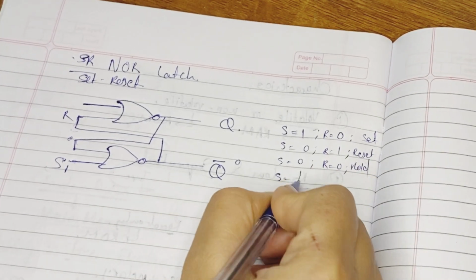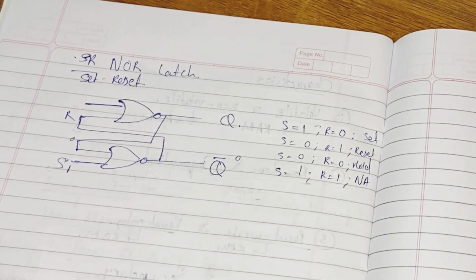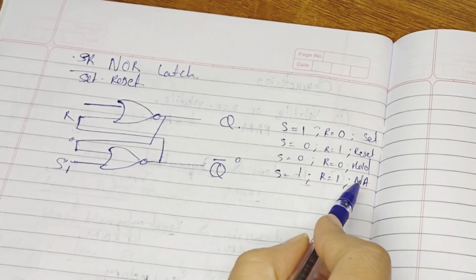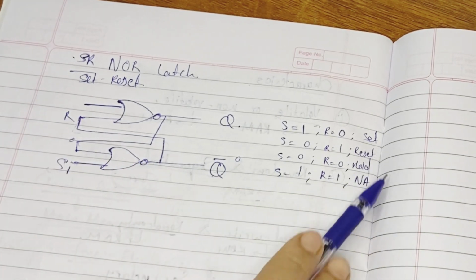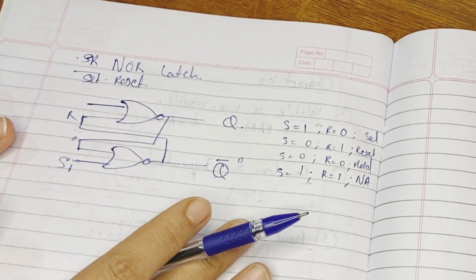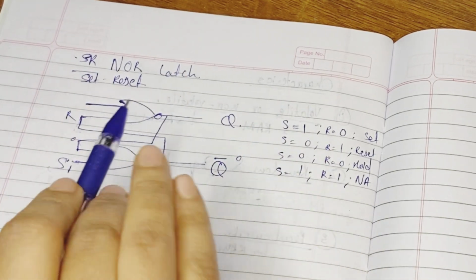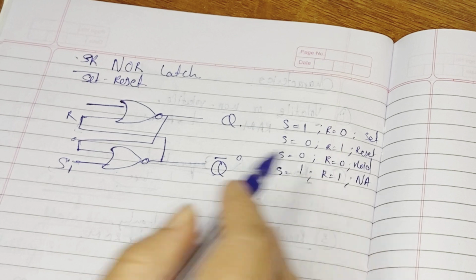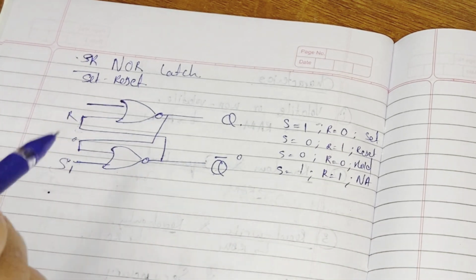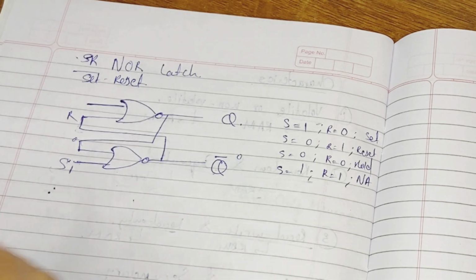And if set is 1 and reset is also 1, the output is invalid. For now, just remember this. We will have a separate video on the gates. So this is how a basic NOR latch is formed, and using this, SRAM is built. It stores the bit information in the form of latches.